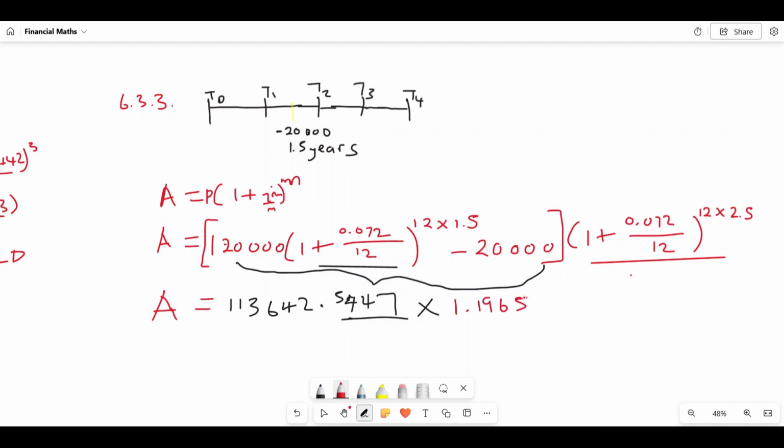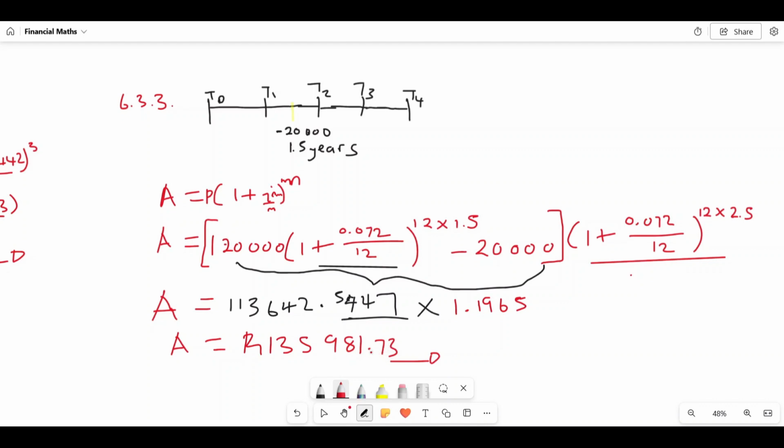I'm just going to leave it here for the sake of not writing all the decimal places. And then A is going to be equal to 135,981.73. Again, I'm rounding this to 2 decimal places.